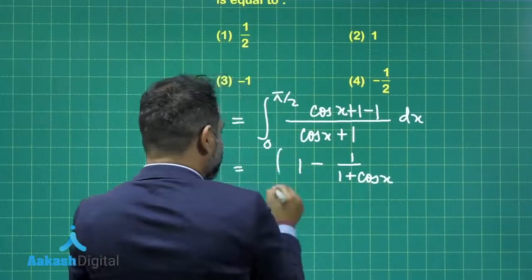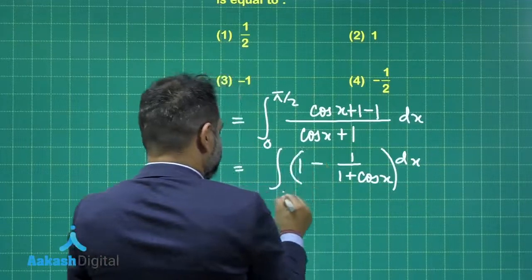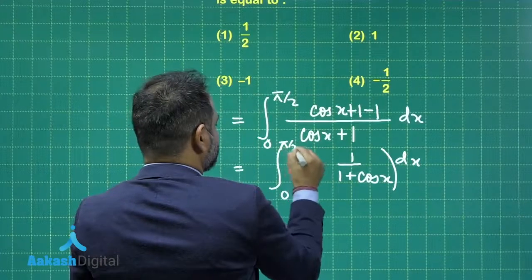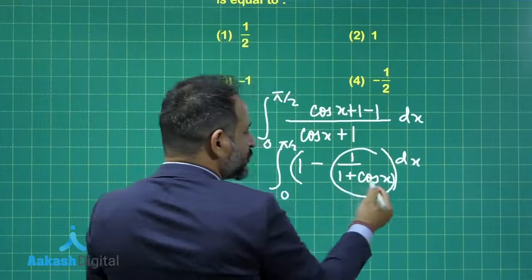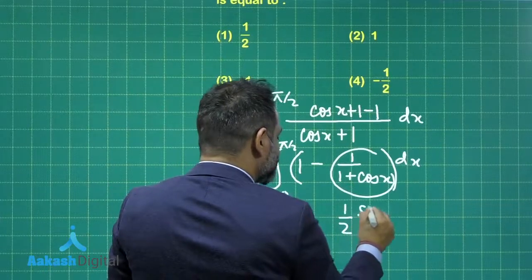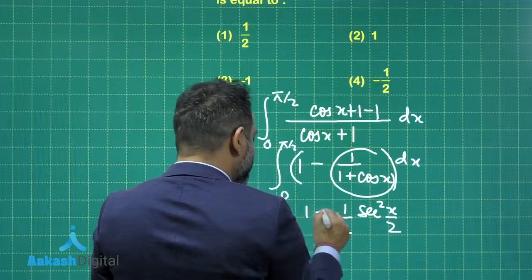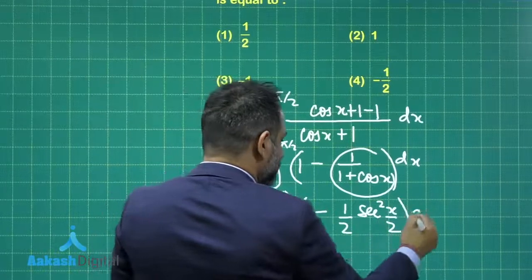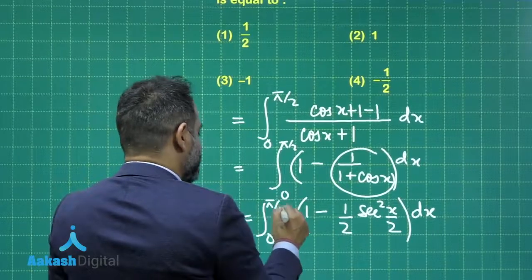Which can be simplified: this can be written as 2 cos square x by 2, or this can be written as 1 by 2 secant square x by 2. So, we have the integral of 1 minus half secant square x by 2 dx. So, let us see what we have.